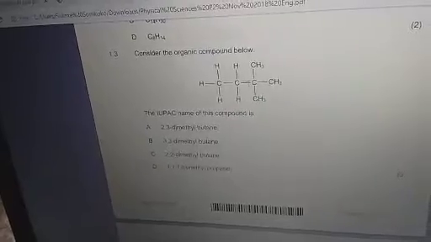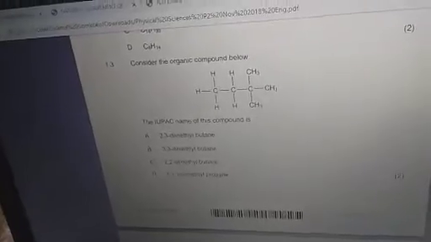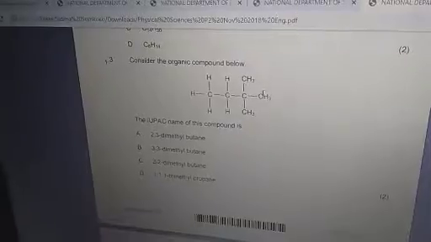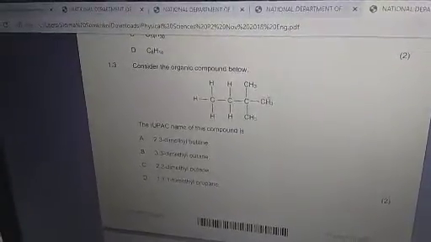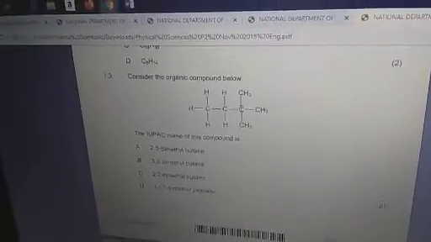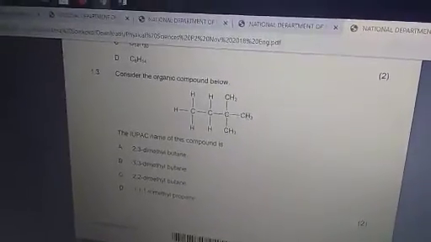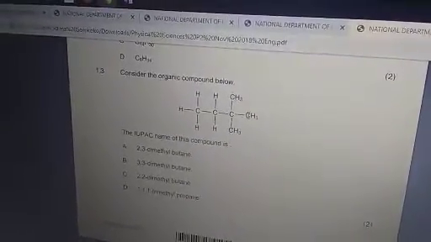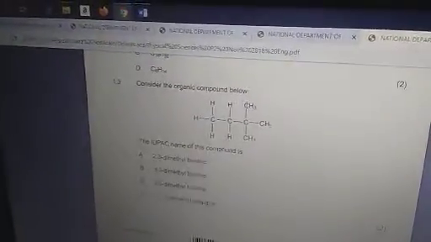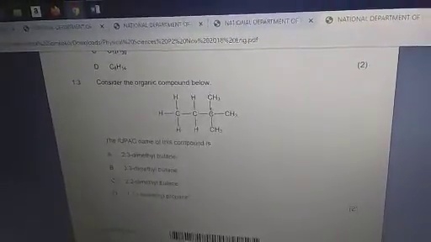If we count from this side to that side, where are the branches? The closest end that has branches is this side, because counting from the other side is too far to get to the branches, so we need to count from this side. We have a branch at this carbon and a branch at this carbon, so the branches are on the same carbon.